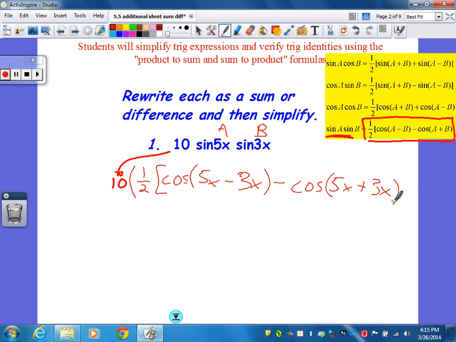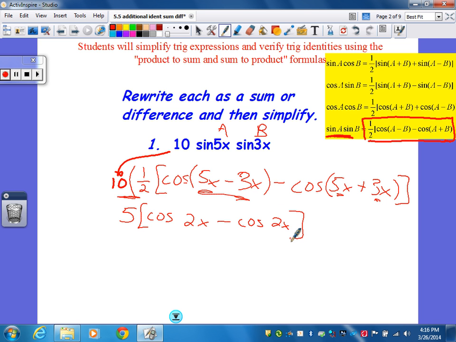Okay, and if you read the question, notice it says, then simplify. So we can simplify because we have a bunch of like terms here, here, here, and here. So we want to simplify any terms that we can. So now we have 5 times cosine of 2x minus cosine of 2x.